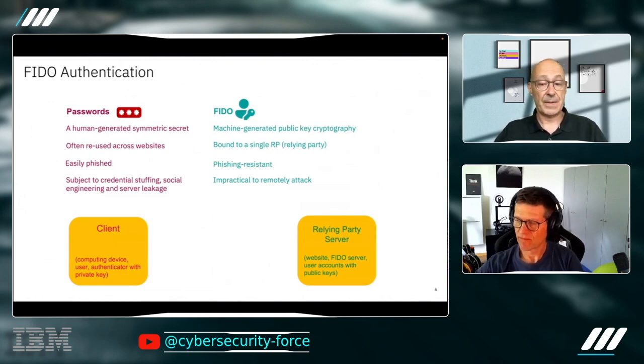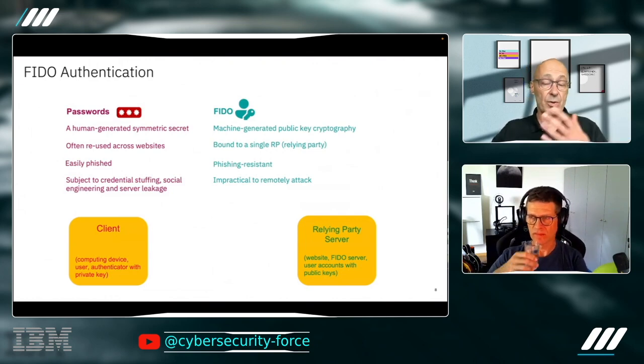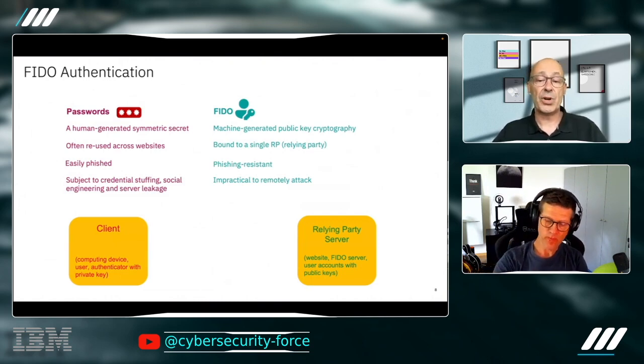That's the client side. When you go to an application such as booking.com, you go to the relying party server. That's the part that's authenticating you. It's the website, also known as the FIDO server, and this is where the users are known with their public keys.